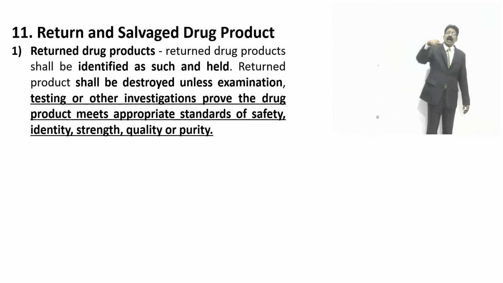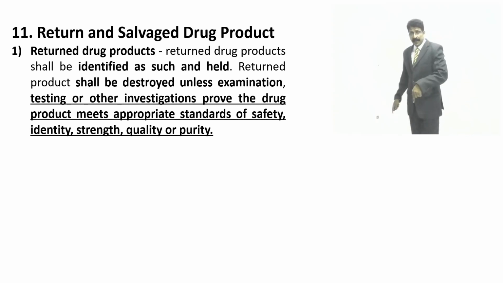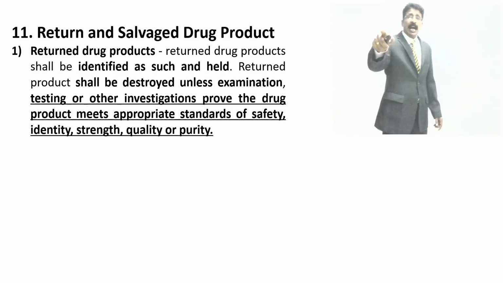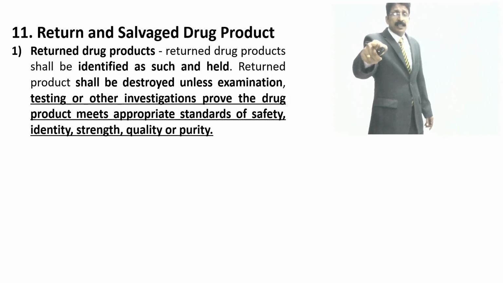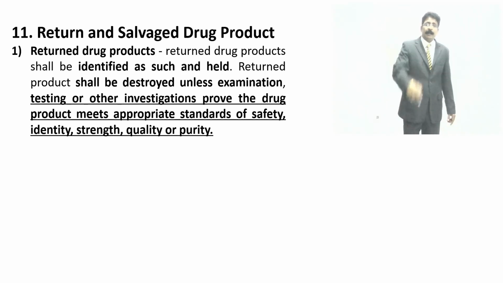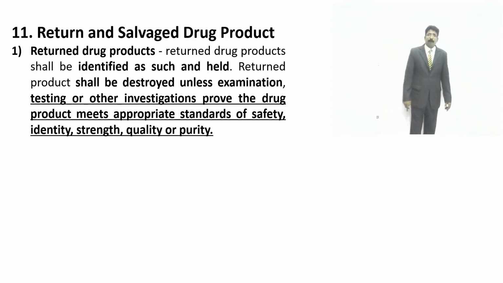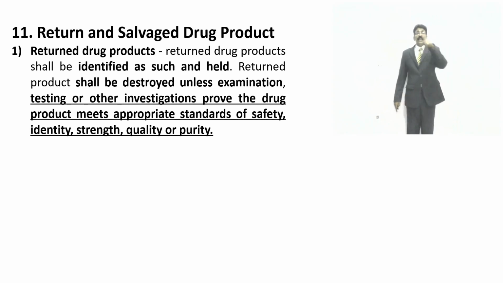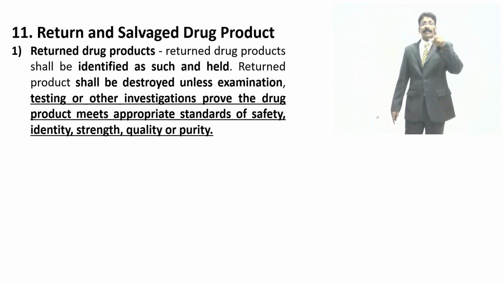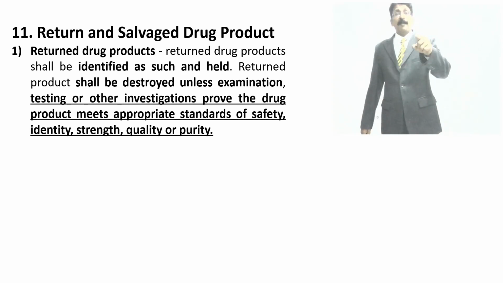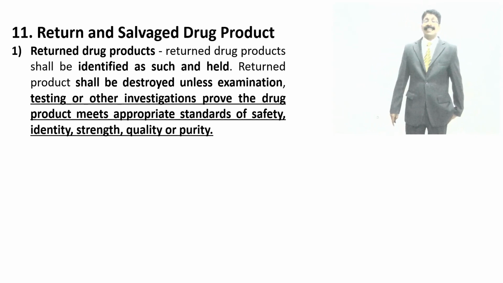If they ask a question, which can be salvaged and which can be reprocessed and taken to the market for resale of the product. Returned drug products shall be identified as such and held.